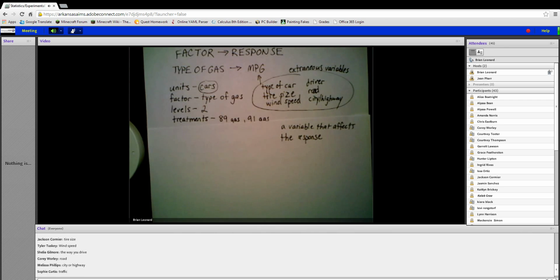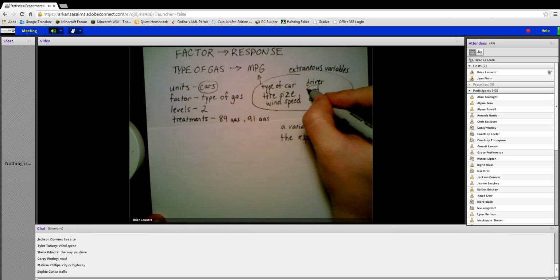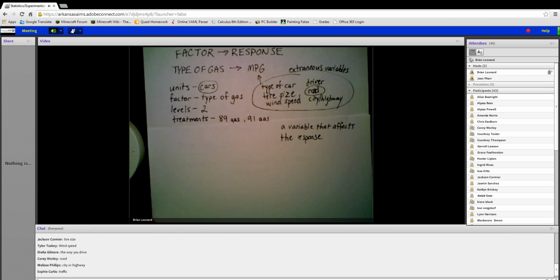Well, one thing we can do is, let's say someone mentioned road. What we could do is say, I think that if you're on a country road, it might be different than if you were traveling down the interstate. Well, okay, we're going to account for that, and we're going to have all the cars travel on the exact same road.